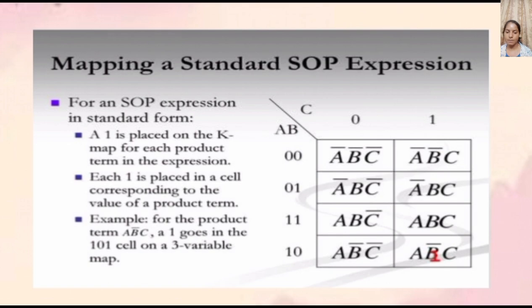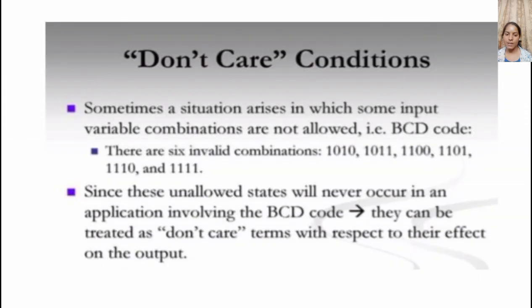Let us see about the don't care conditions. Sometimes a situation arises in which some input variable combinations are not allowed, that is BCD code. There are 6 invalid combinations, that is 1010, 1011, 1100, 1101, 1110, and 1111.